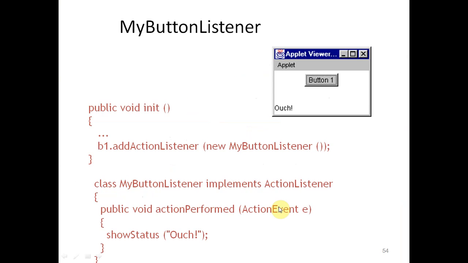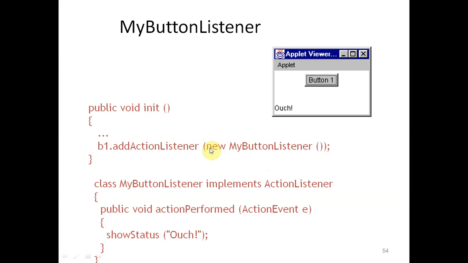In the snapshot you can see b1.addActionListener where we give the object of a different class, because the different class MyButtonListener implements ActionListener. If you mention any class with the init function, and that class implements ActionListener, then we write the this keyword.